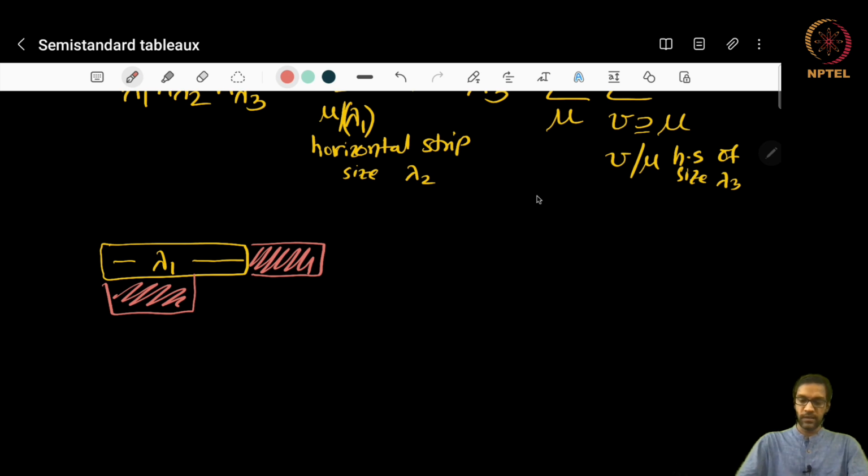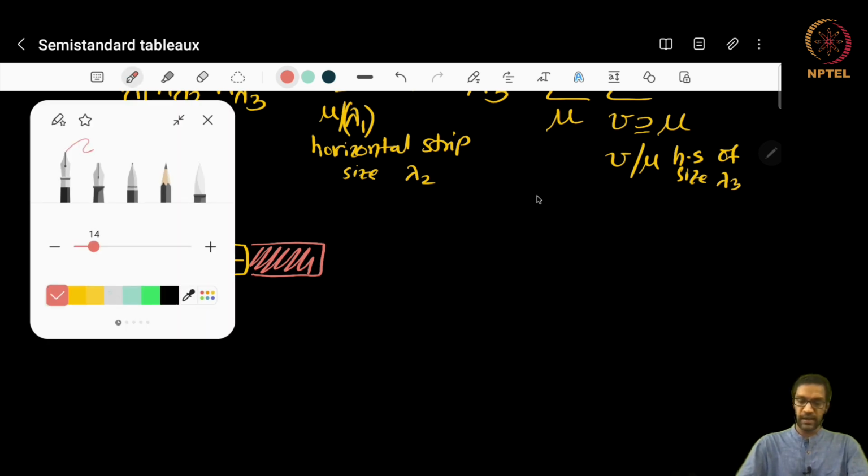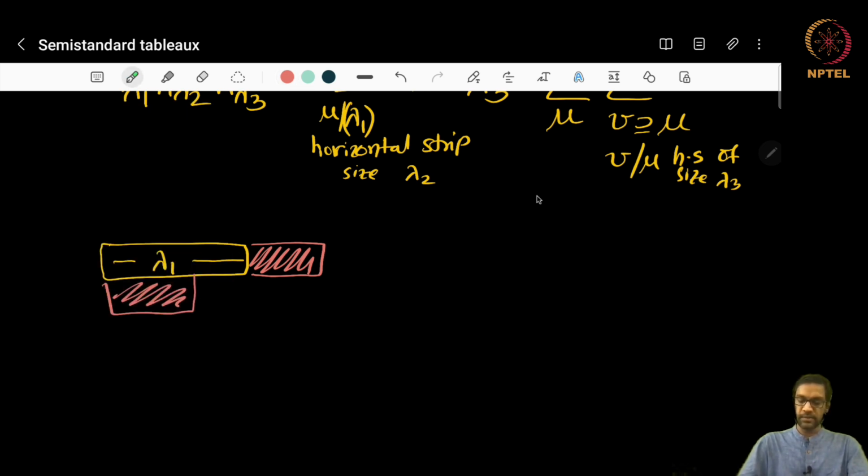Okay, in step 3 let me use a different color. I have to attach lambda 3 boxes total. Some of them can go here, some of them can go here, because that's the mu that I got in the preceding step, and then some of them can go here.